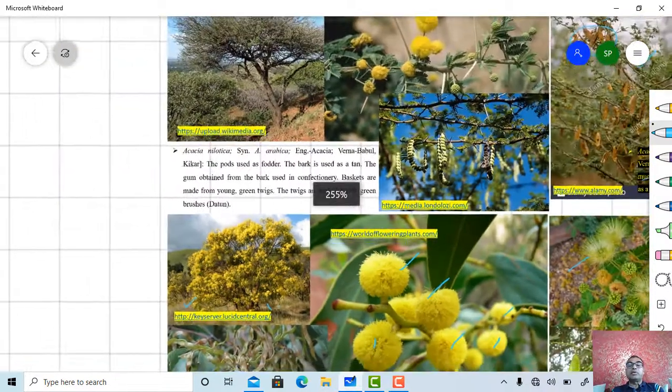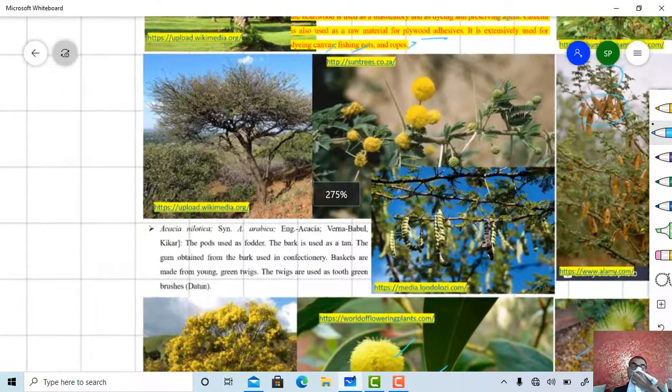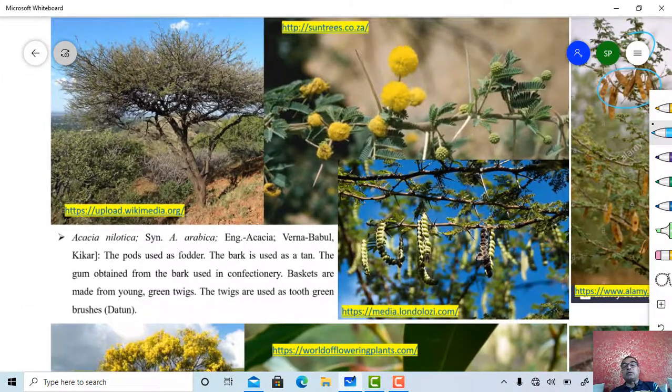Then the next one is again one of the common plants present here. This is an Acacia nilotica plant. So this is an Acacia nilotica plant, or this plant is also called Acacia arabica.